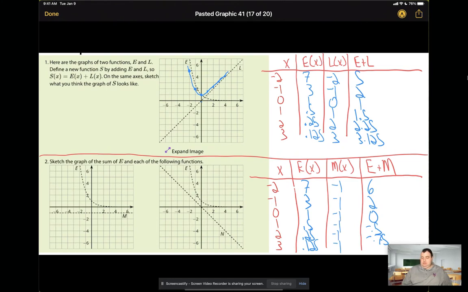And 0.125 plus -1 is going to be -0.875.